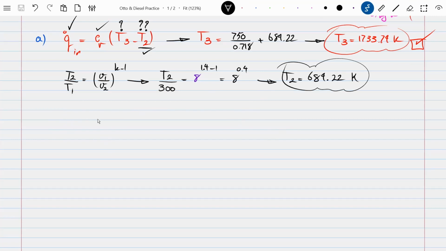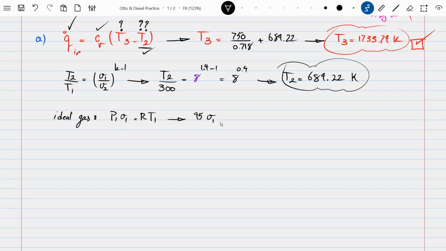At the end of the day, everything in this cycle follows the ideal gas equation. So with that said, I can say P1 specific volume 1 is equal to R T1. That's the ideal gas equation. Now, in this equation, I know P1, it is 95 kilopascals.